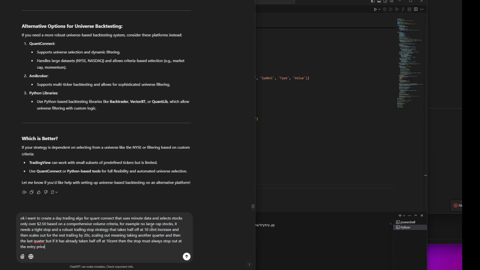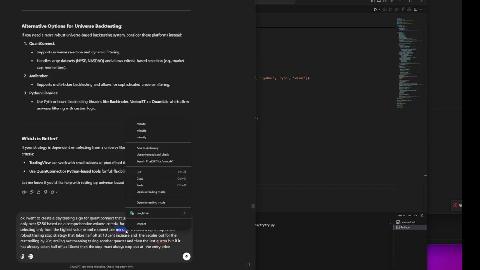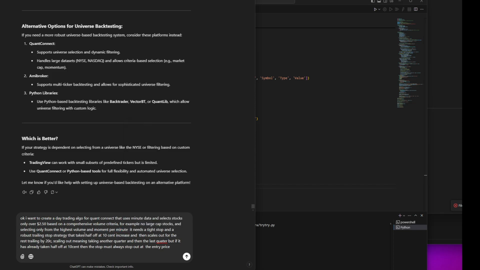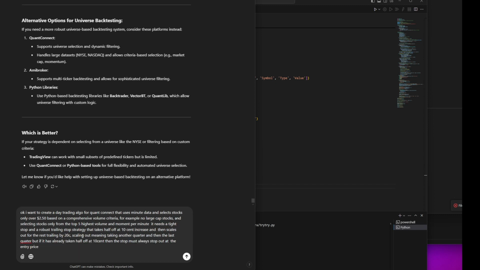For example, no large cap stocks, selecting only from the top 5 highest volume and momentum per minute stocks.